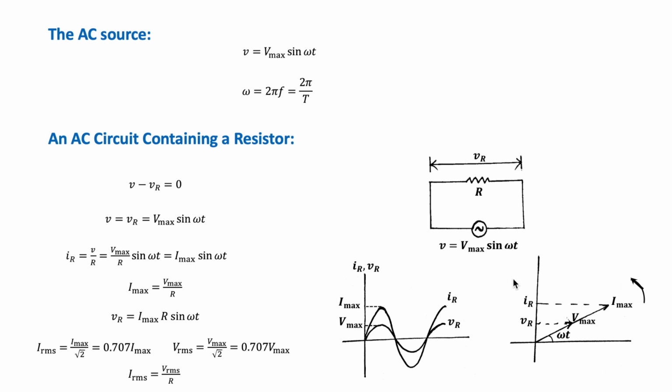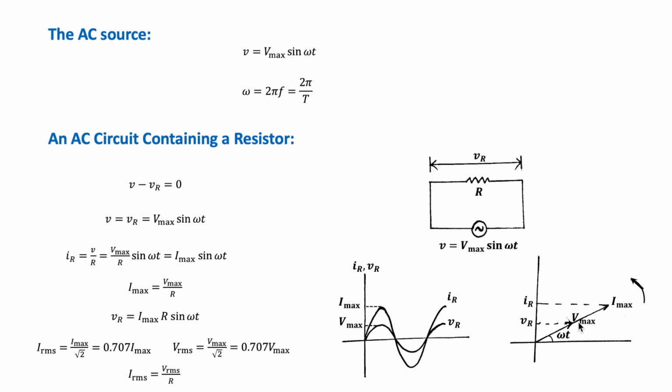Also, this figure here is known as the phasor diagram. In this diagram, the alternating quantities, which are here the current and voltage, are represented by rotating vectors known as phasors. The length of the phasor represents the amplitude, which is the maximum value of each quantity, which is I max for the current and V max for the voltage.